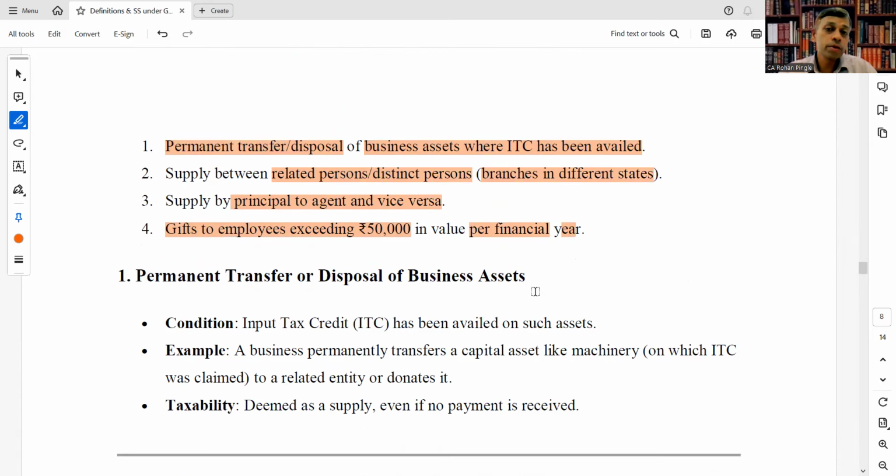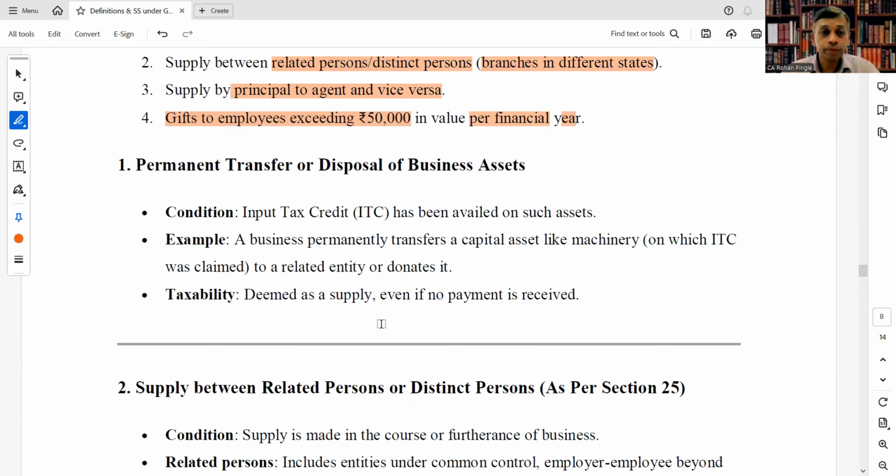Supply between related persons and distinct persons, branches in different states. Supply by principal to agent or agent to principal. And gifts to employees exceeding 50,000 in value per financial year. Less than or equal to 50,000 is not covered. Let's see one by one.